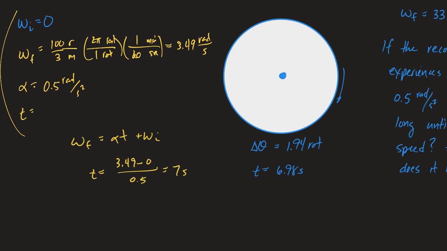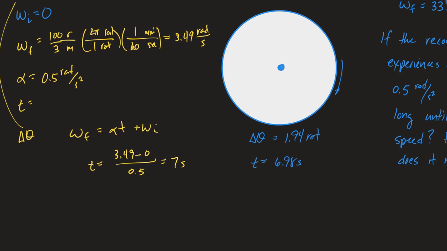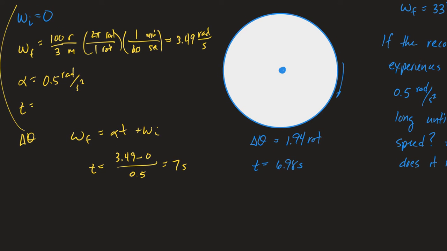To find delta theta, I go back to using, again, what I haven't used yet. So I try to make sure I use stuff that is given to me. So I used omega final squared minus omega initial squared equals 2 alpha delta theta. And I just used the 3.49 again.